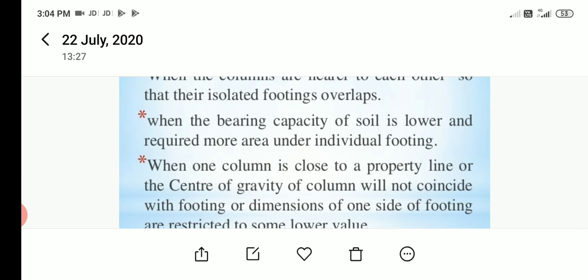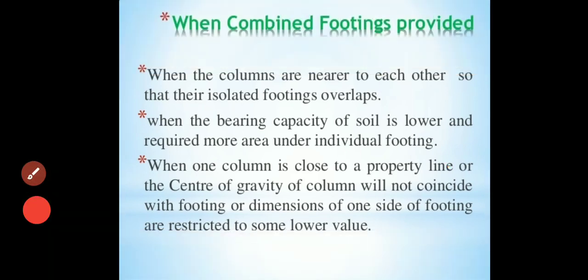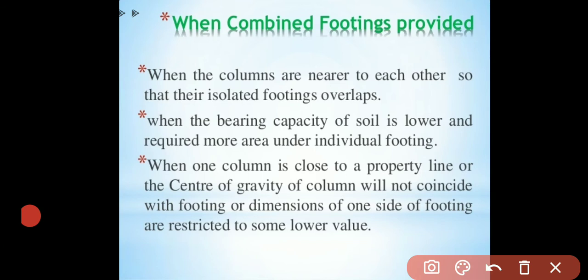Second, when the bearing capacity of soil is lower and requires more area under individual footing. When the bearing capacity of soil is lower, we need to transfer the load through a large area of footing.